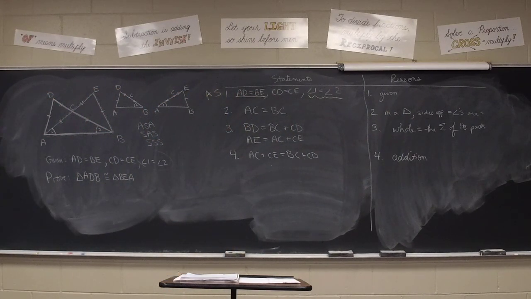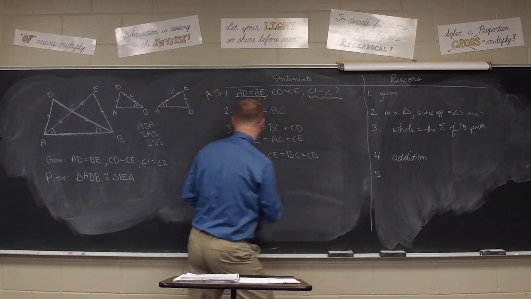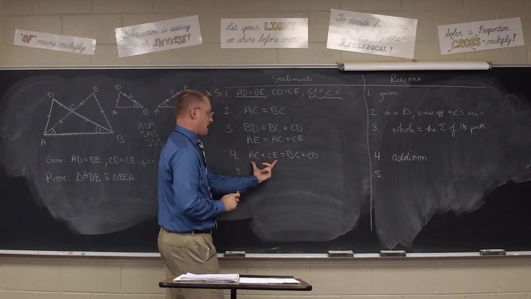So start with the whole equal to the sum of its parts, then get the sums equal because of the addition axiom, and then we can do what Brecken wanted to do a second ago. And Brecken, now I see the whole sum AC plus CE. Well, what is that?